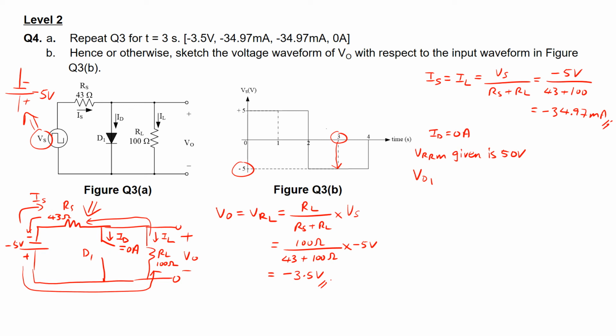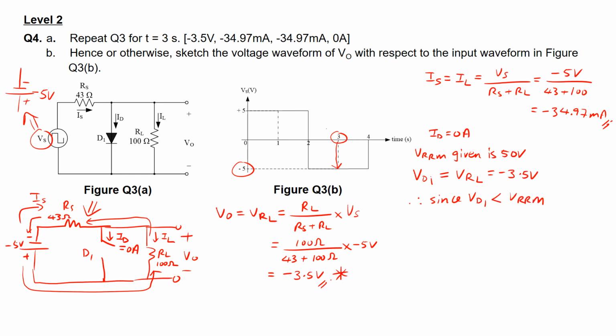VD1 will be in parallel with this voltage VRL, and just now we have already calculated VRL is minus 3.5 volts. So we can conclude that VD1 is less than VRRM.